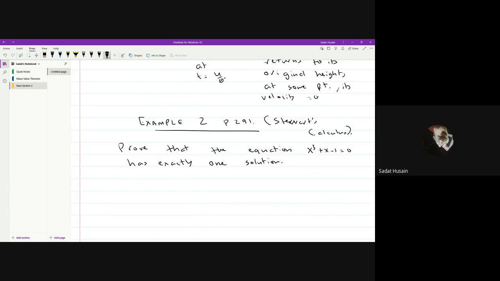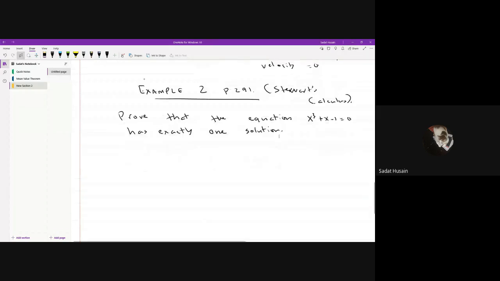Right? So it has to have exactly one solution, and we have to prove that it has exactly one solution. The first thing we want to do is prove that it has a solution. The two steps in the problem are as follows. The first step is we show that it has a solution.